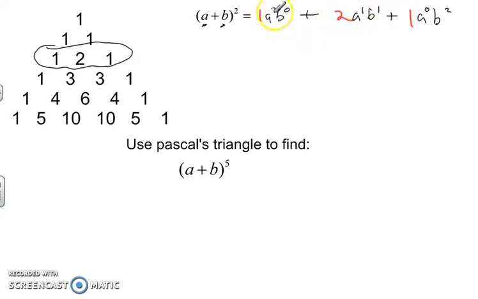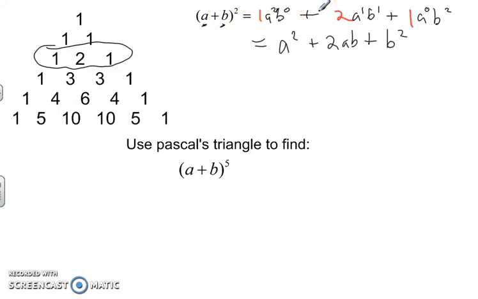And there are pluses in between. We know b to the 0 power is just 1, so this is just a squared plus 2ab plus b squared. So I've used the formula to expand a plus b squared rather than actually multiplying it out.